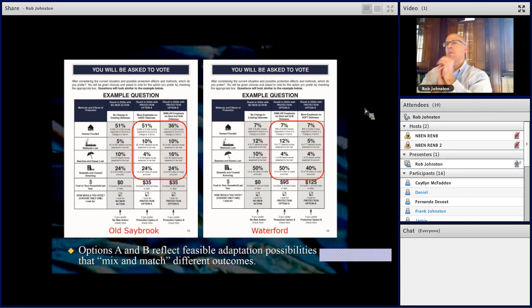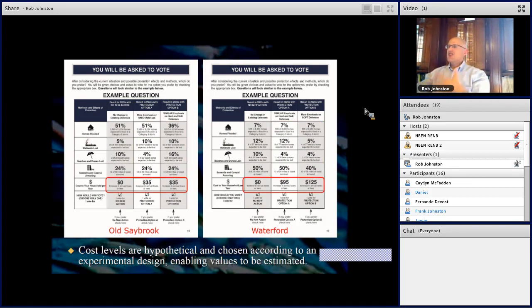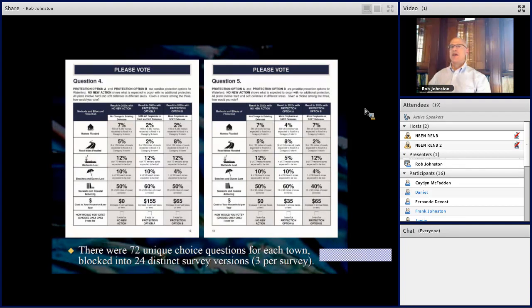And by looking at how people vote to spend money for those different options, you can triangulate in on their values. How much is each home flooded worth, how much is preventing each home flooded worth? Road miles flooded. It turns out that I'm going to show you the model without road miles flooded because people really didn't care very much about road miles in our final analysis.